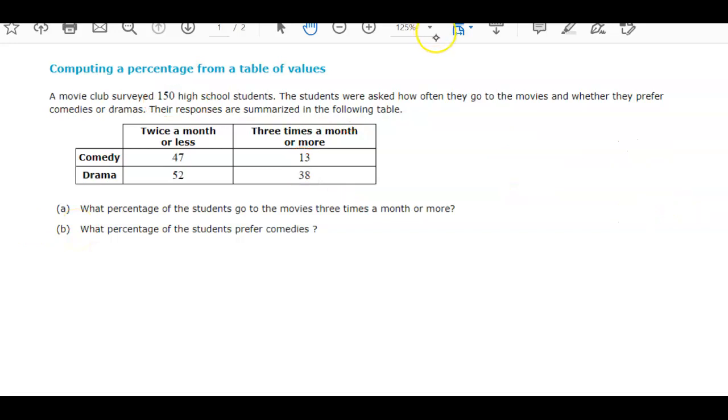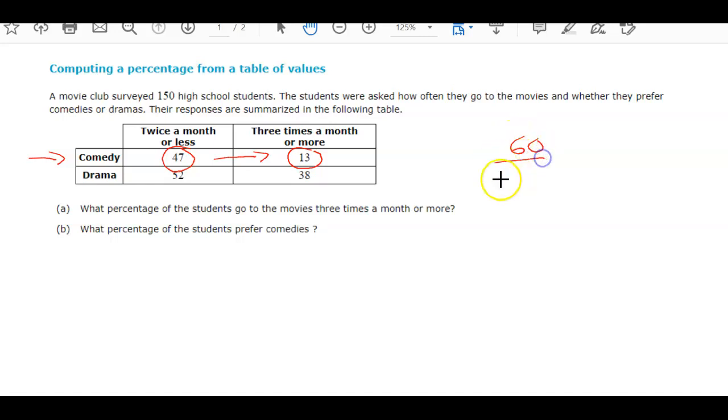And part B is asking us what percentage of the students prefer comedies. So I'm going to go over here to the comedies, and there's 47 students that like comedies here, and there's another 13 students that like comedies there. So we have 60 students altogether that like comedies.